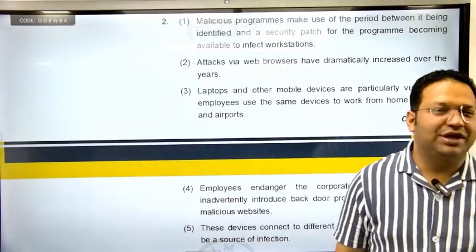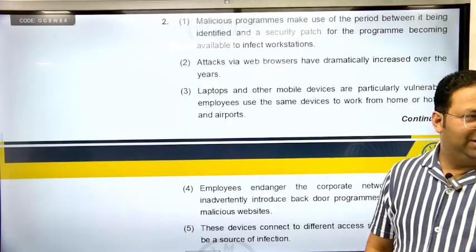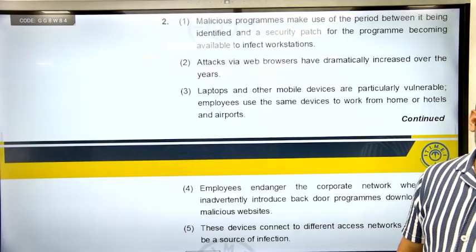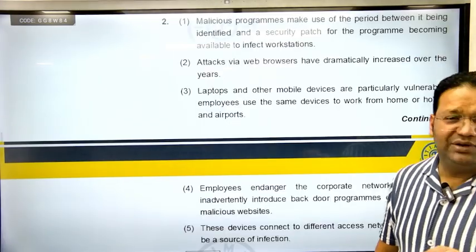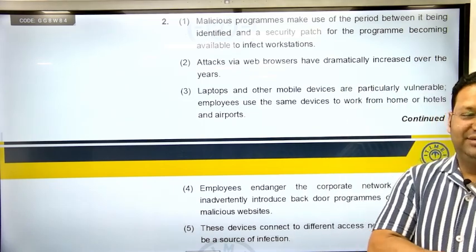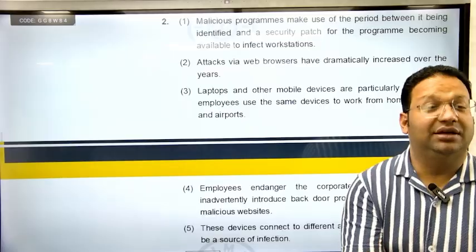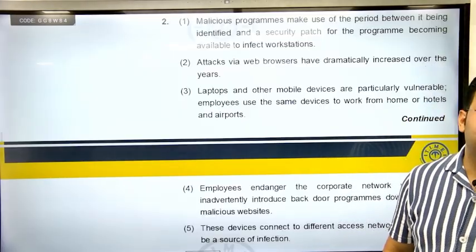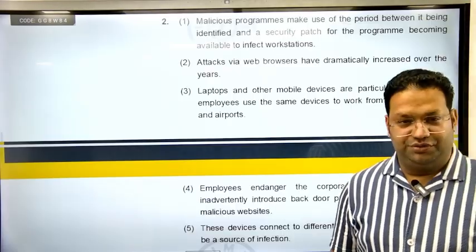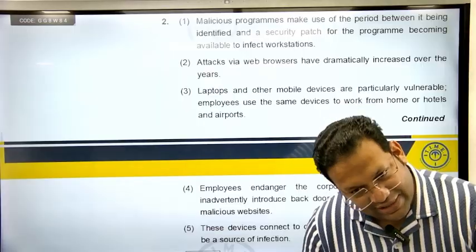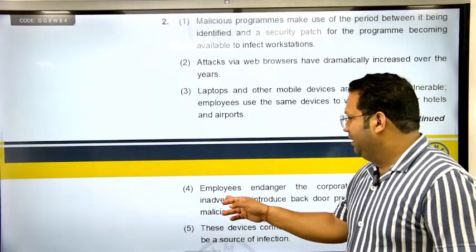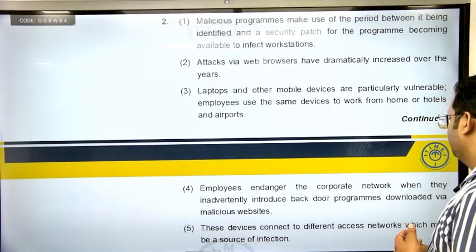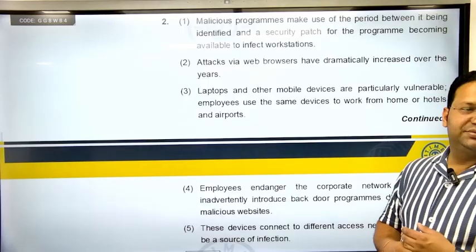Just to increase your vocabulary: inadvertently, try to use this word now and then when you come across it. Inadvertently means without any intention to hurt, without knowing the cause. So, employees endanger the corporate network when they inadvertently introduce backdoor programs downloaded via malicious websites.